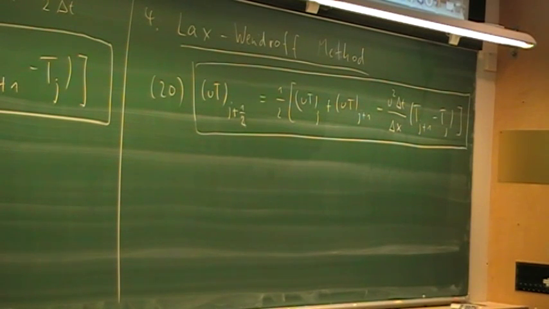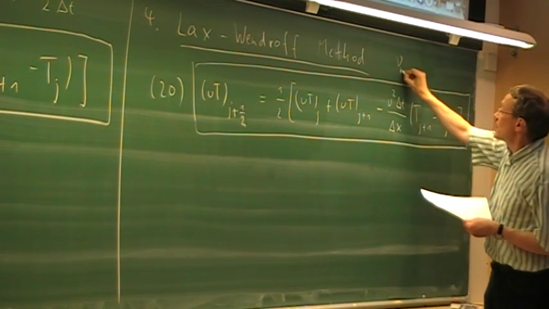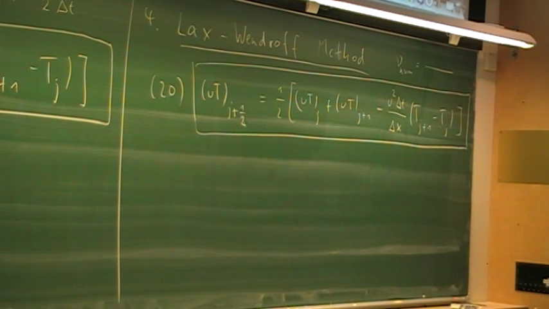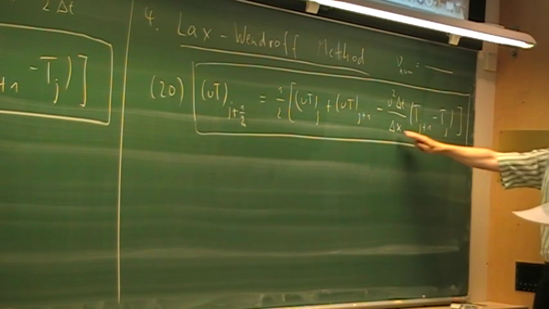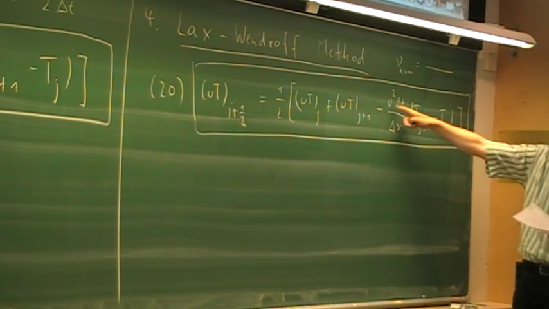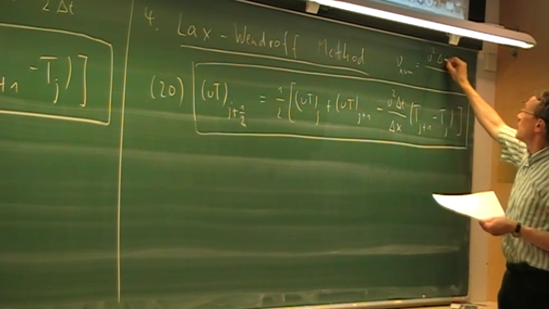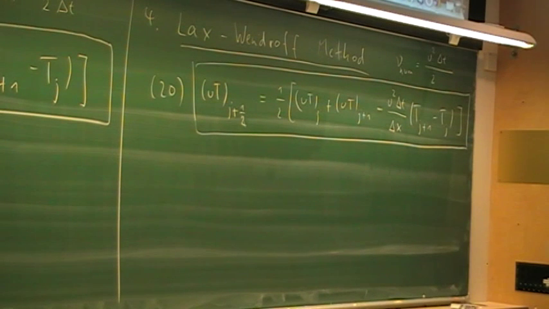So here the coefficient in front of the term that is responsible for the numerical dissipation is different. In this case, the numerical viscosity, since we already have the delta x here, is u squared delta t over 2. So that does not have a problem. Instead, the numerical dissipation goes to 0 as delta t goes to 0. That is better, so it does not suffer from the problem that the Lax-Friedrichs method has.